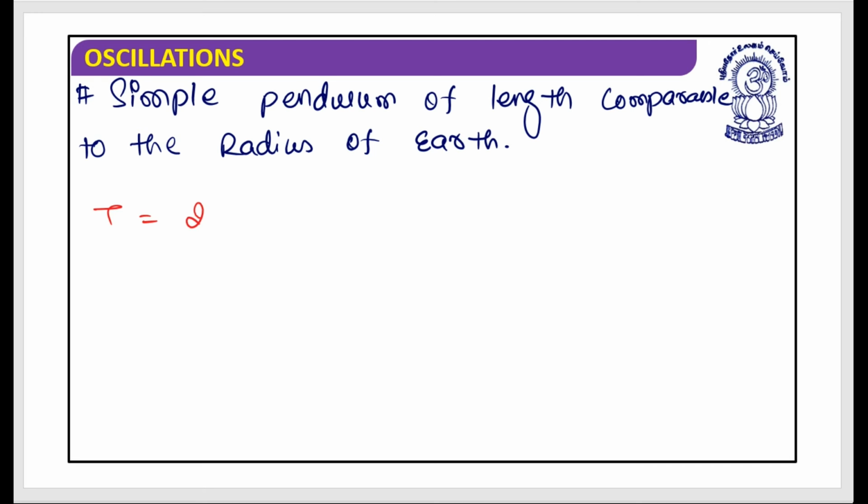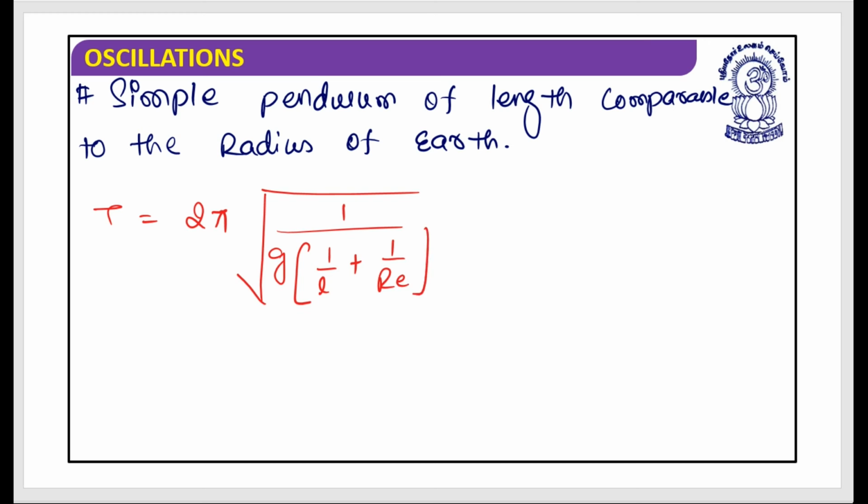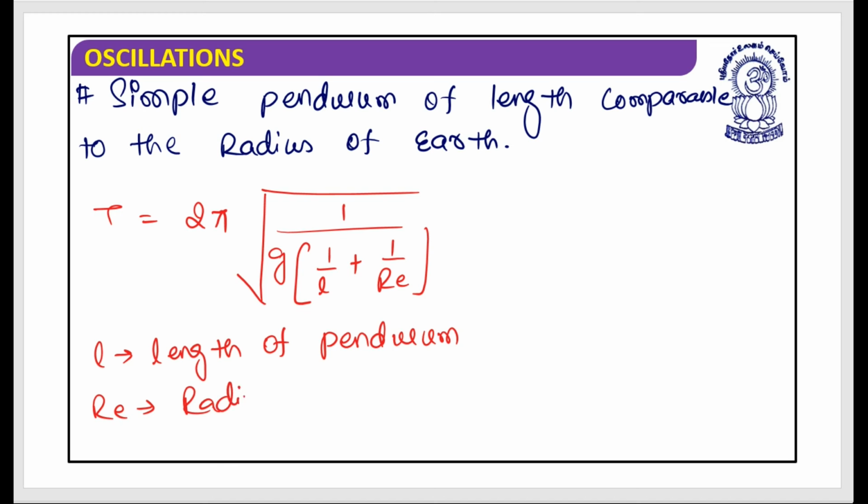Then the time period of this could be given as T is equal to 2π under root of 1 divided by g into bracket 1/l plus 1/Re, where l here is the length of the pendulum and Re here is just the radius of Earth.